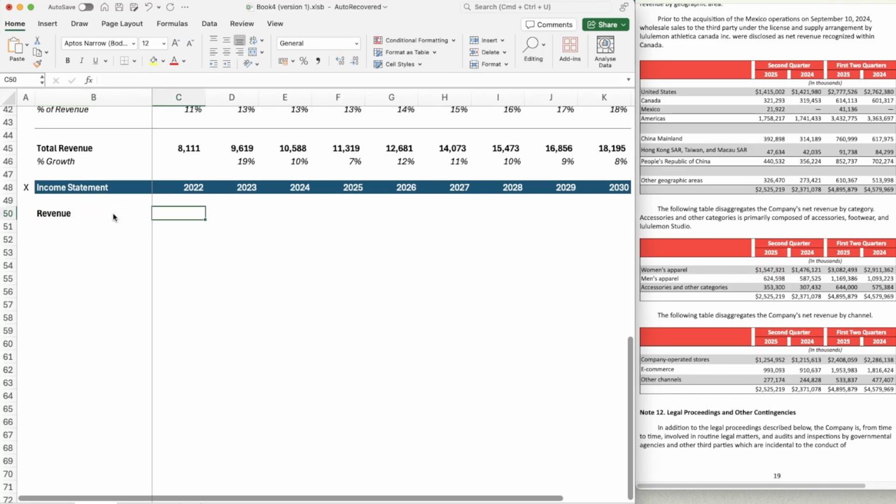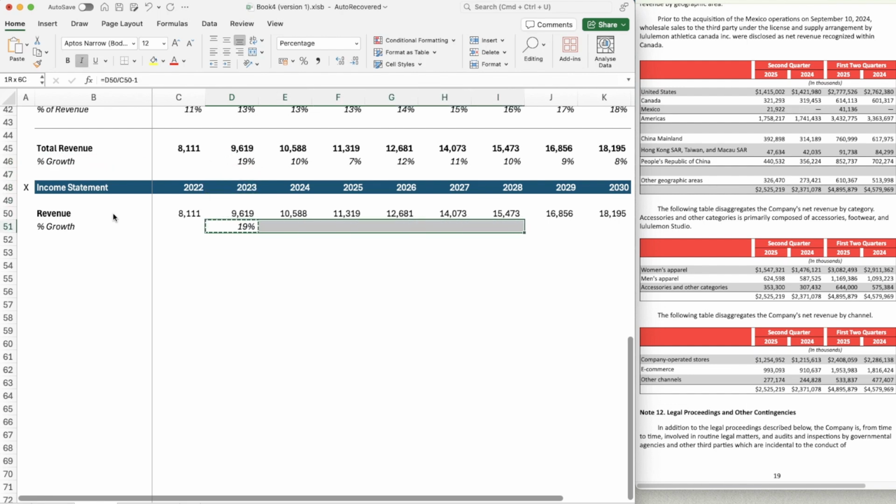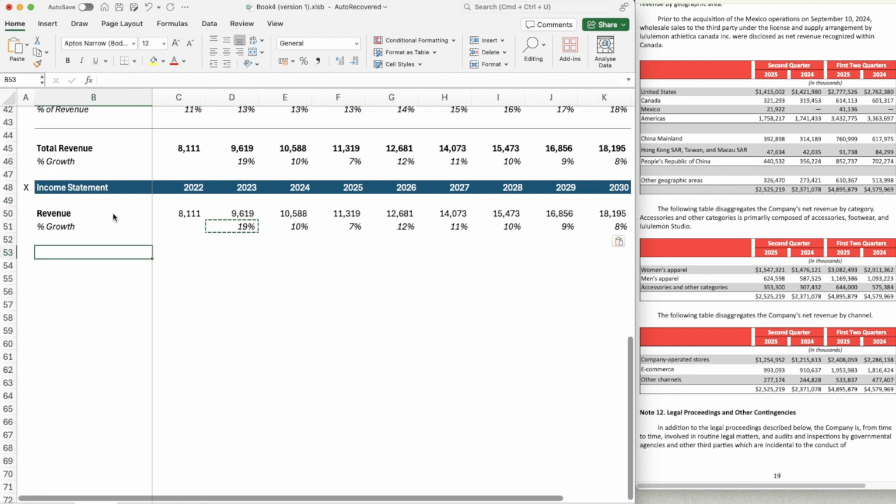And we go equals, and just copy it along. There we go.